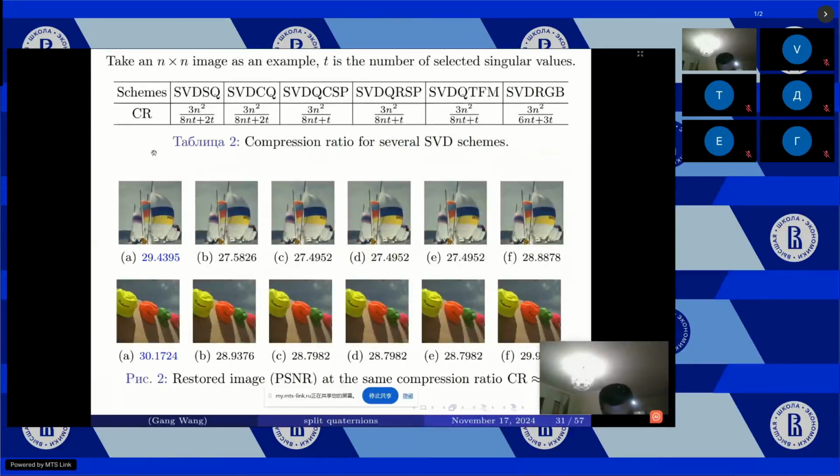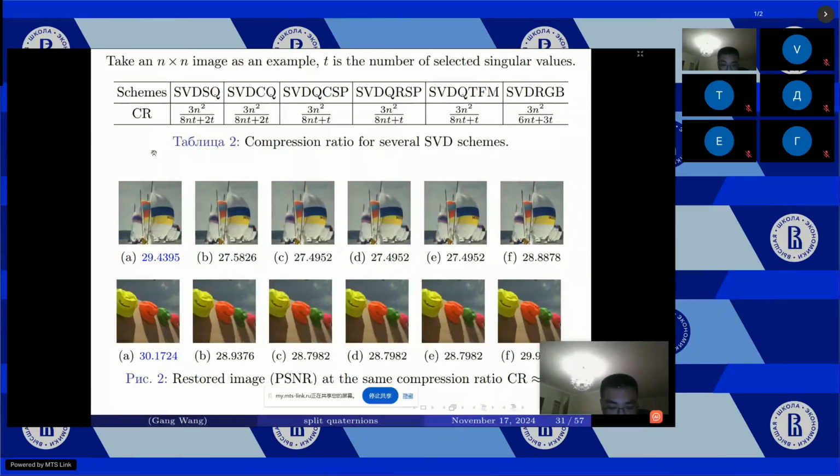Table 2 presents the compression ratio formulas for several commonly used SVD-based color image decomposition and reconstruction methods, including SVD of split quaternion matrices, commutative quaternion SVD, 3 types of quaternion SVD algorithms, and SVD of the RGB 3 channels.